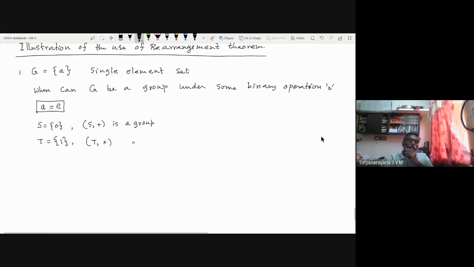Now let's ask a question: let's say G has two elements, A and B. Now one of the elements has to be identity.